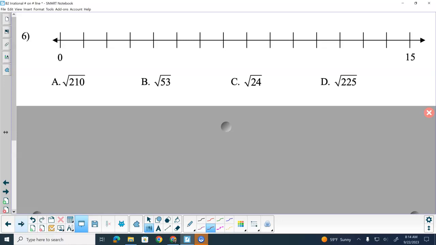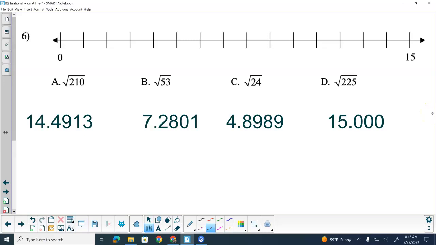Hold on, okay, let me push pause up here. So, you should have gotten values that look like this. Okay?